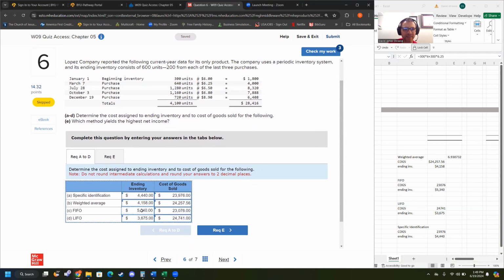It also leaves us the highest ending inventory, which means our net income overall is going to be better because all the more expensive stuff is left in inventory. We sold all the stuff that wasn't as expensive, which means we get a better margin on it, really. So FIFO.